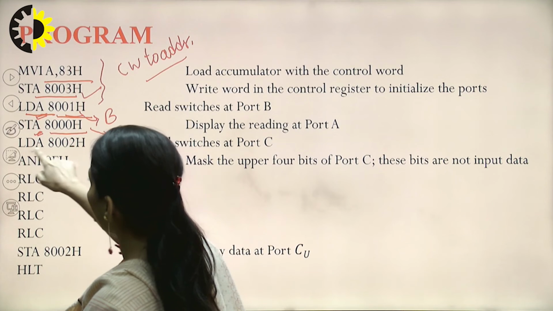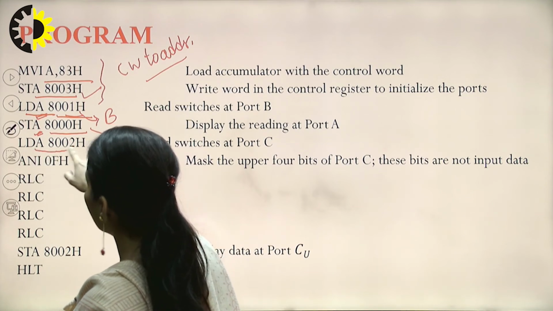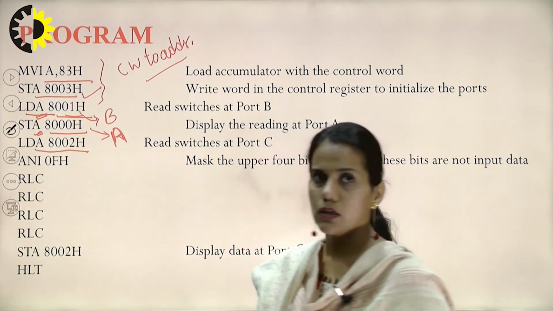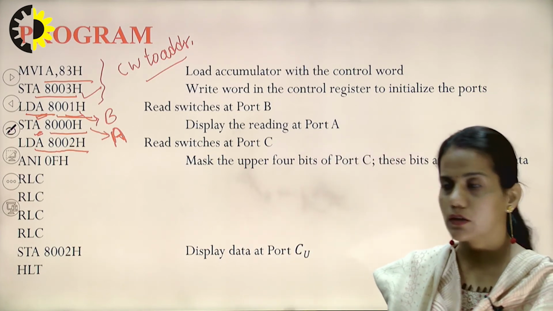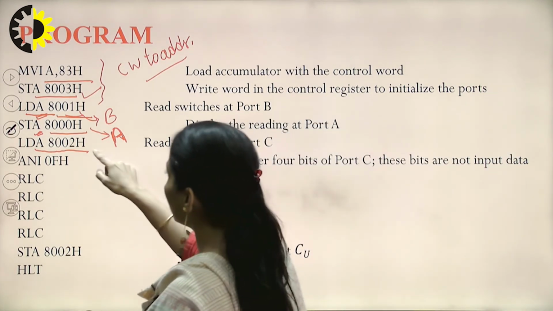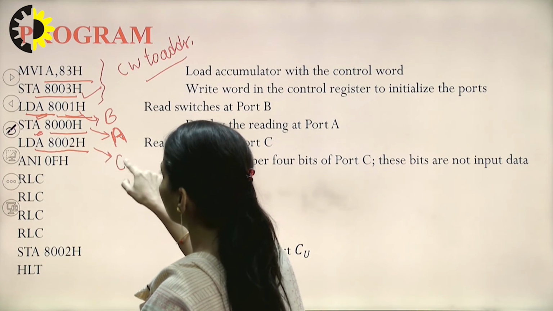Now again load, LDA 8002, that is, it will load the accumulator with the values corresponding to port C lower.